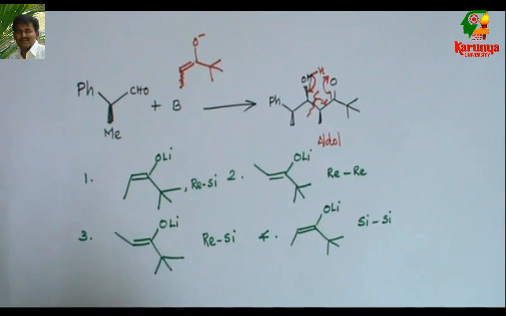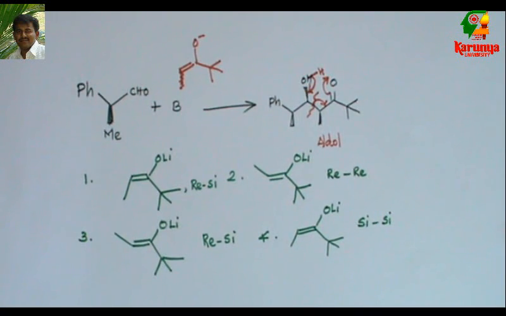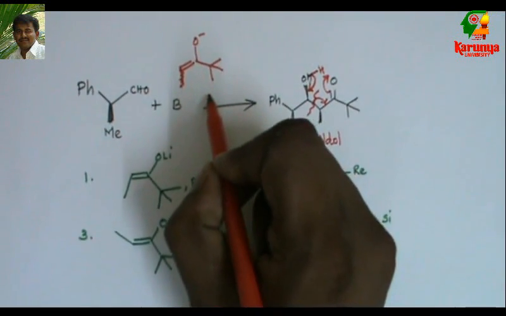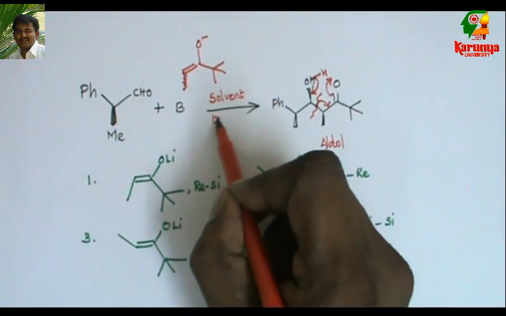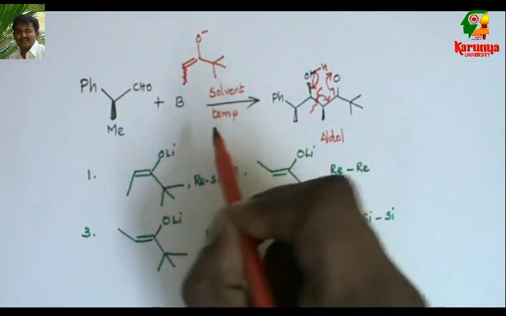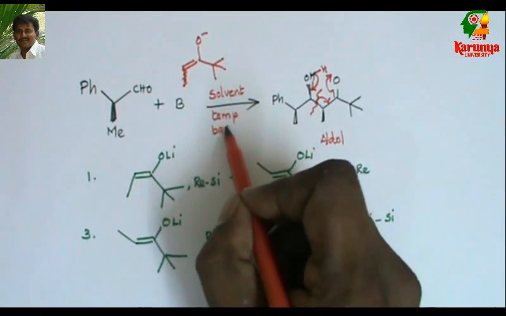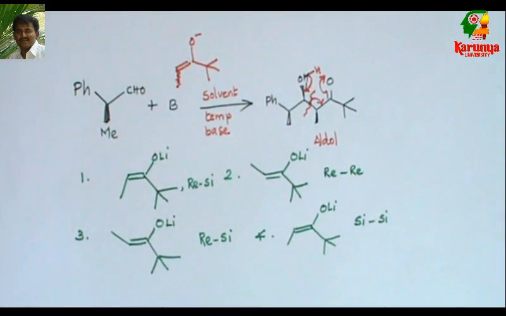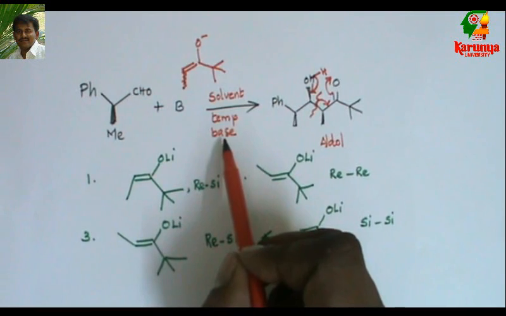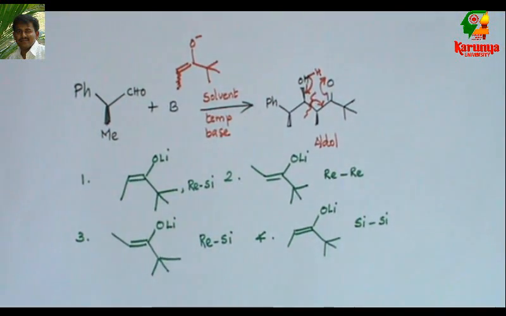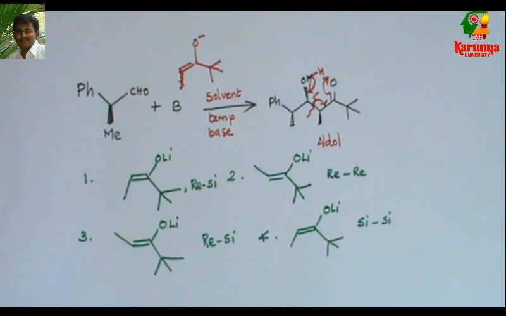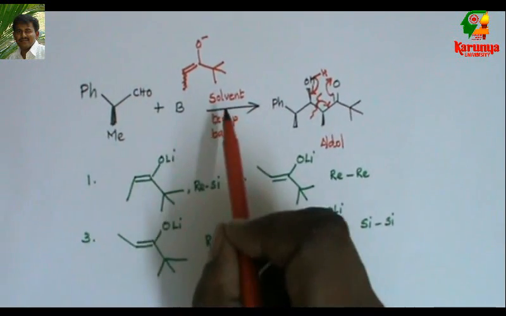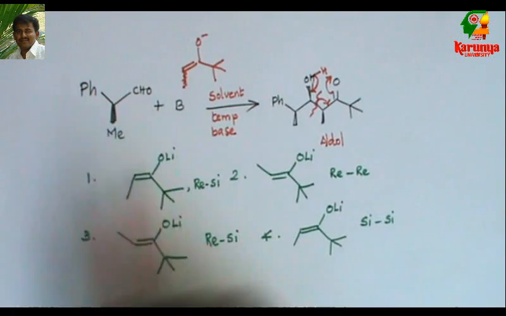Generally, the formation of enolate depends on three factors. First one, solvent, temperature and base. They decide what enolate will be formed. But in this problem, they have not mentioned anything about the solvent or temperature or base.